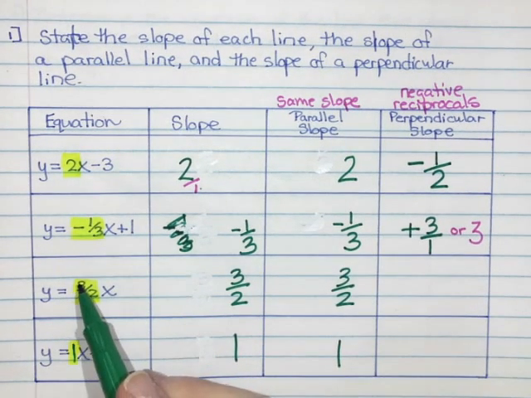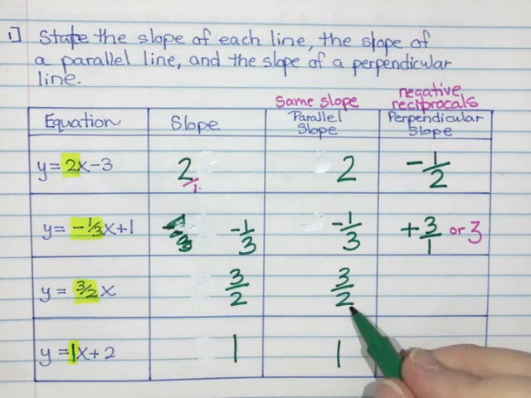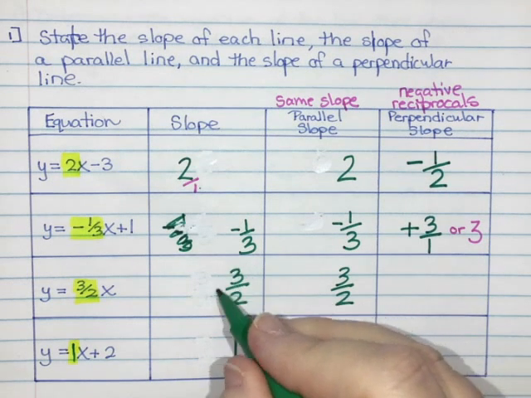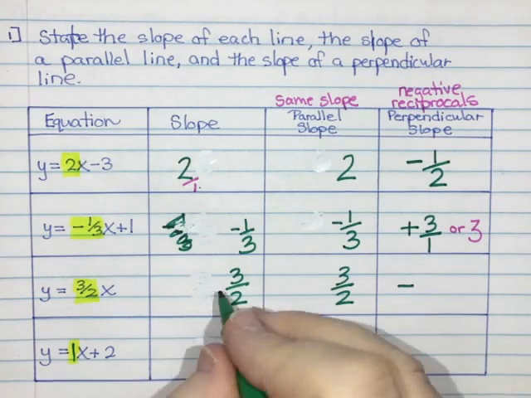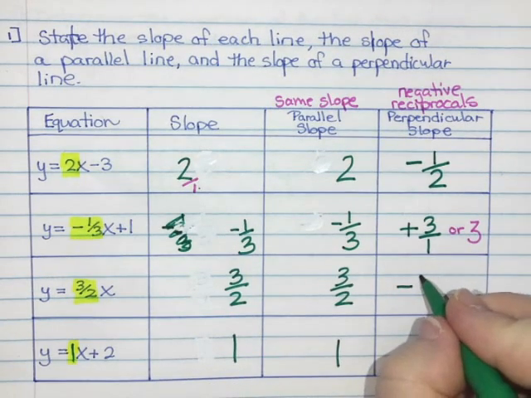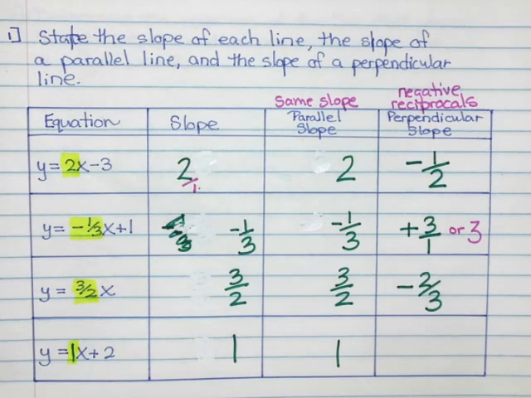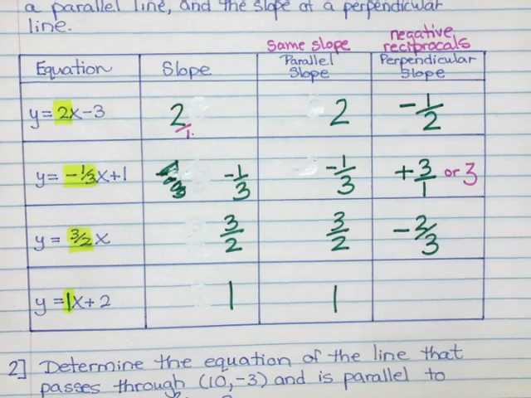Our next one, I have 3/2x. So I have 3/2. So that means this is positive 3/2. It's going to become negative. And then the 3/2 is going to flip. So we get 2/3. And then our very last one here, I had a 1.